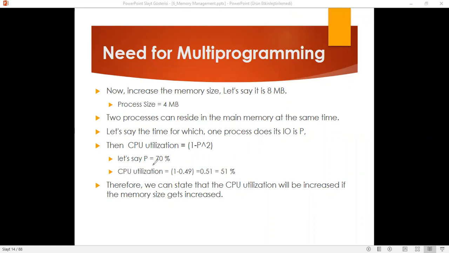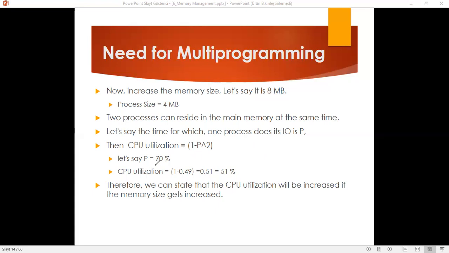Okay, so again, utilization is 70%. It means that in 30%, the CPU is executing a process. But this is different. Sorry, let me make it, because in the formula it will be different.